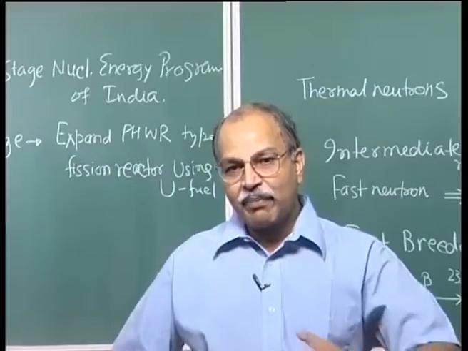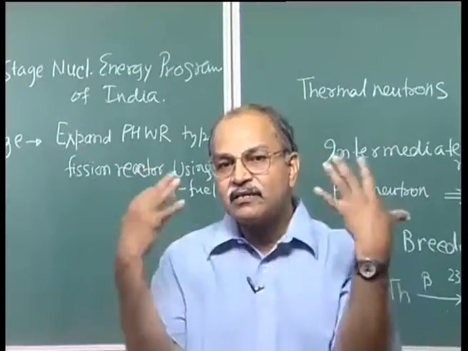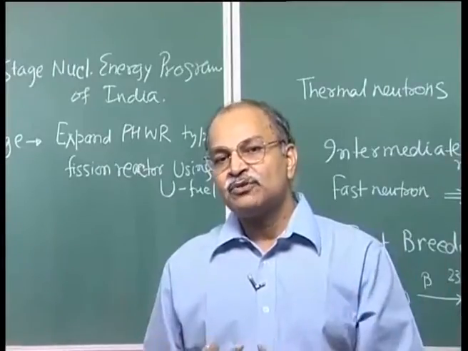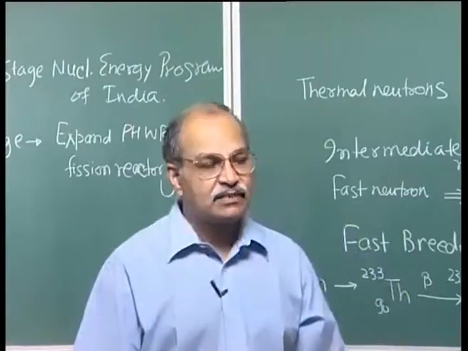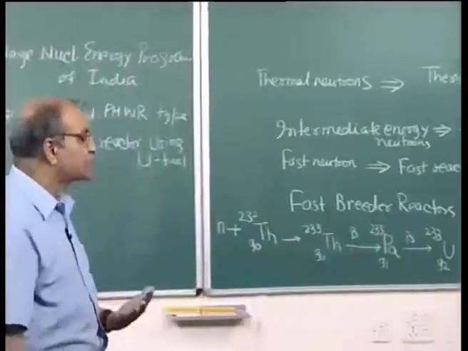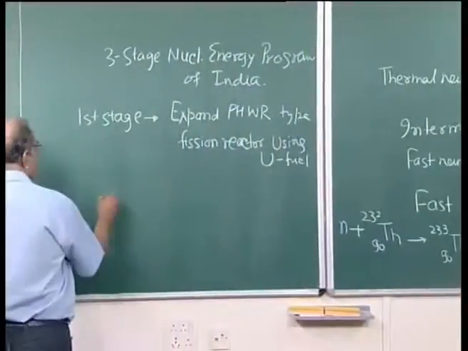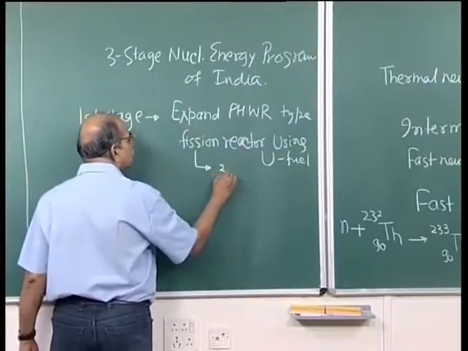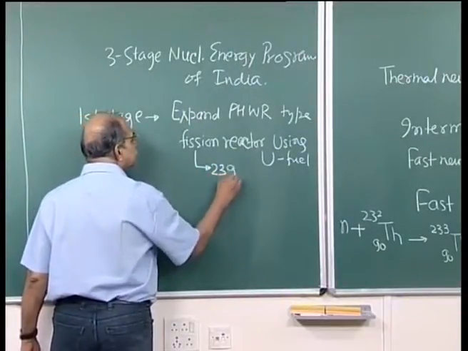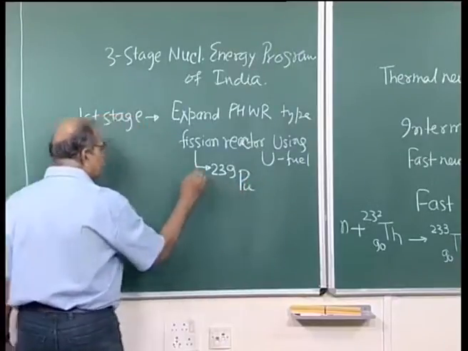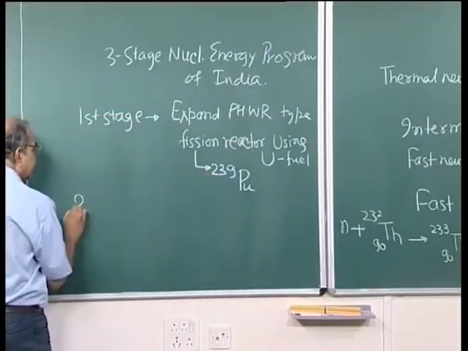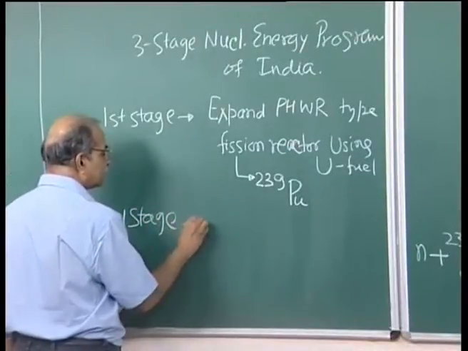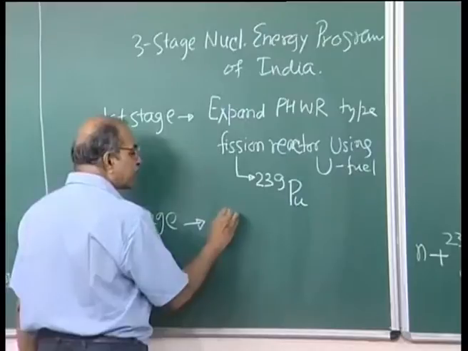So, by expanding this nuclear reactor base, we will be getting more plutonium 239, plus electricity, of course. Then the second stage: this gives us as an output plutonium 239. Now, use this plutonium 239 in the second stage, fast breeder reactors, FBRs.